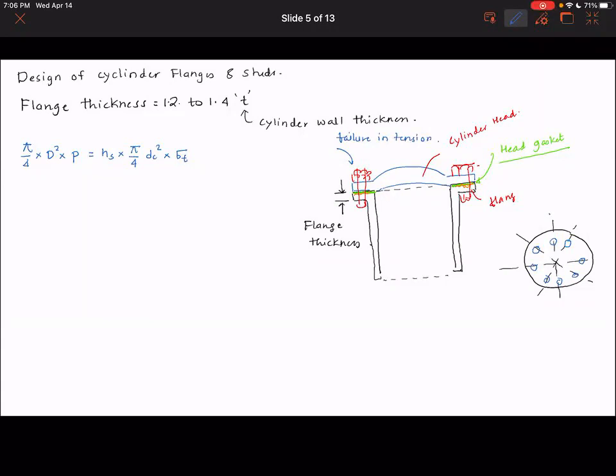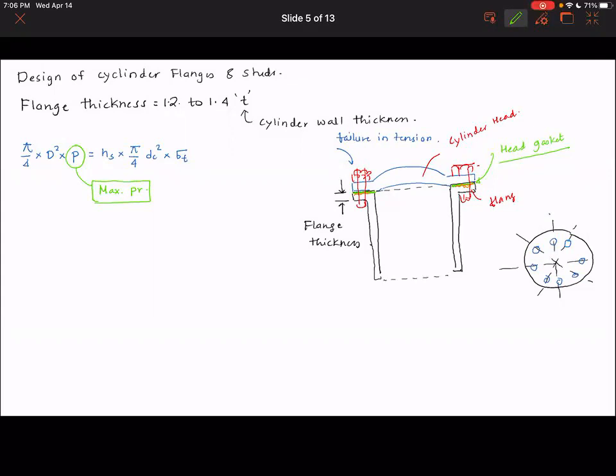Now one thing I want to emphasize at this point is here this P is not the indicated mean effective pressure, but this is the maximum pressure. So if we are given an indicated mean effective pressure, we'll multiply that by 10 times and design the bolts so that they are designed for maximum pressure.